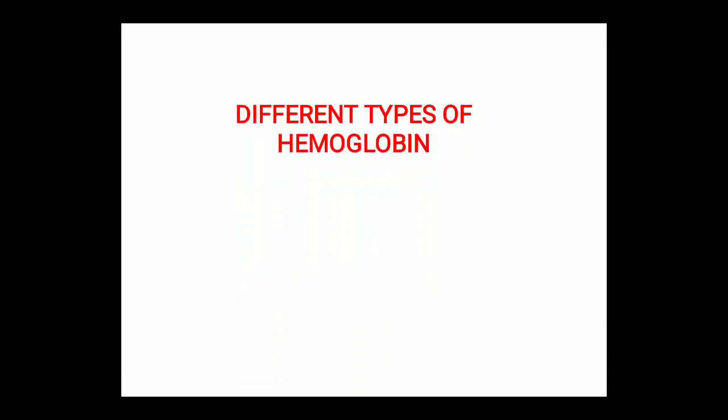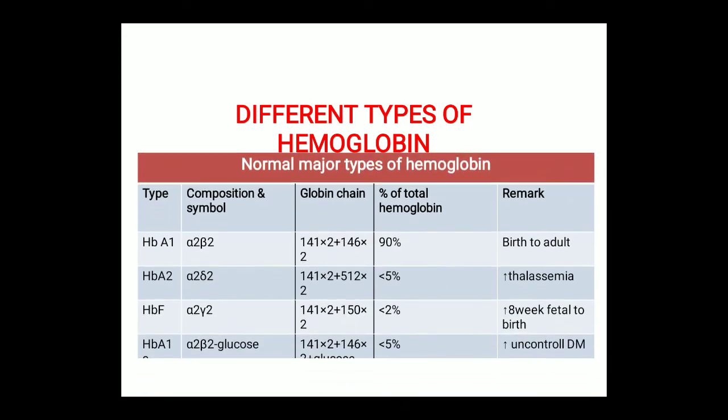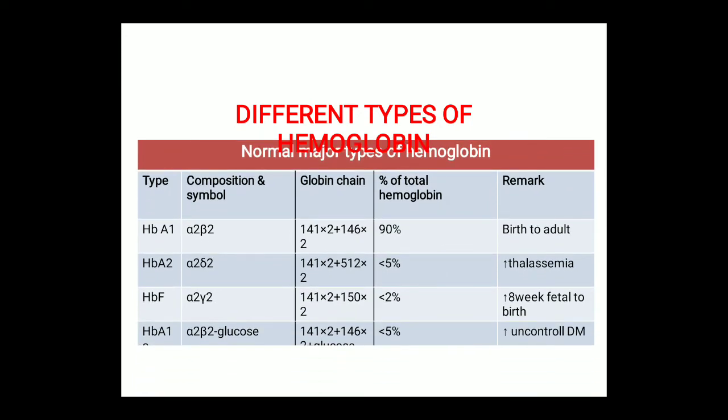Different types of hemoglobin. Normal major types of hemoglobin. First type, second composition and symbol, globin chain, percentage of total hemoglobin, remark. HbA1 type.